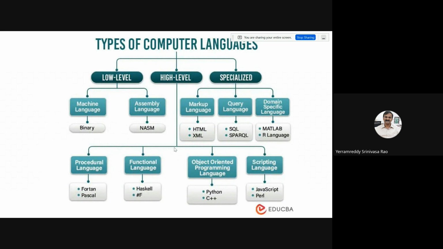Like I already classified, the types of computer languages are low level languages, medium level languages, and specialized languages. Over a period of time, we can write programs, but we are not doing binary or assembly language programming, though we can, because today people are demanding high level languages, not low level languages.